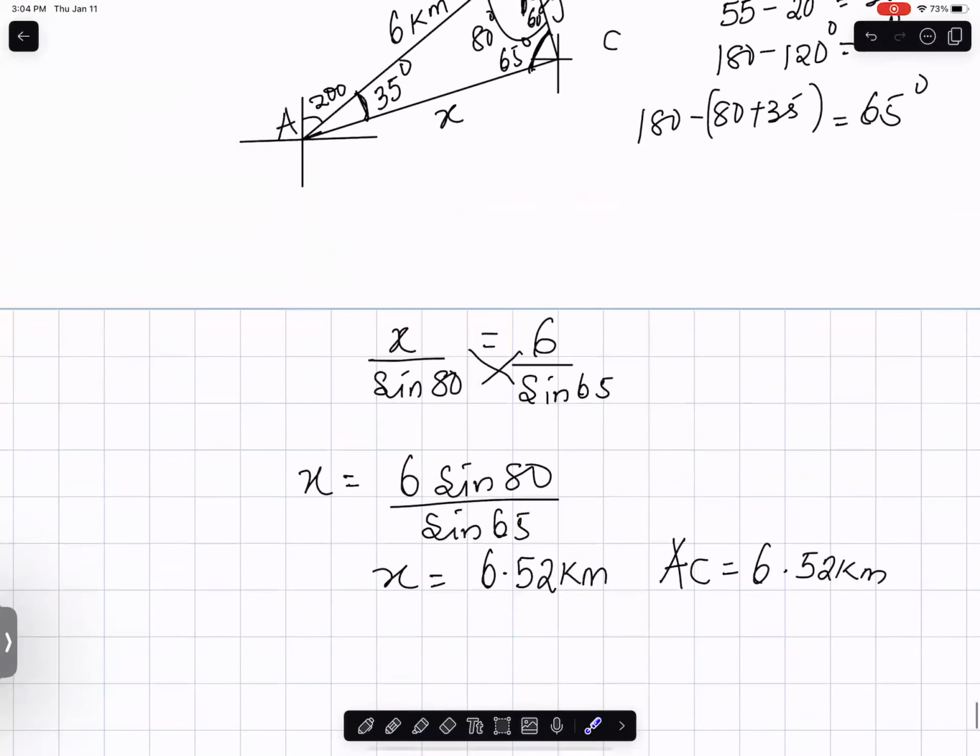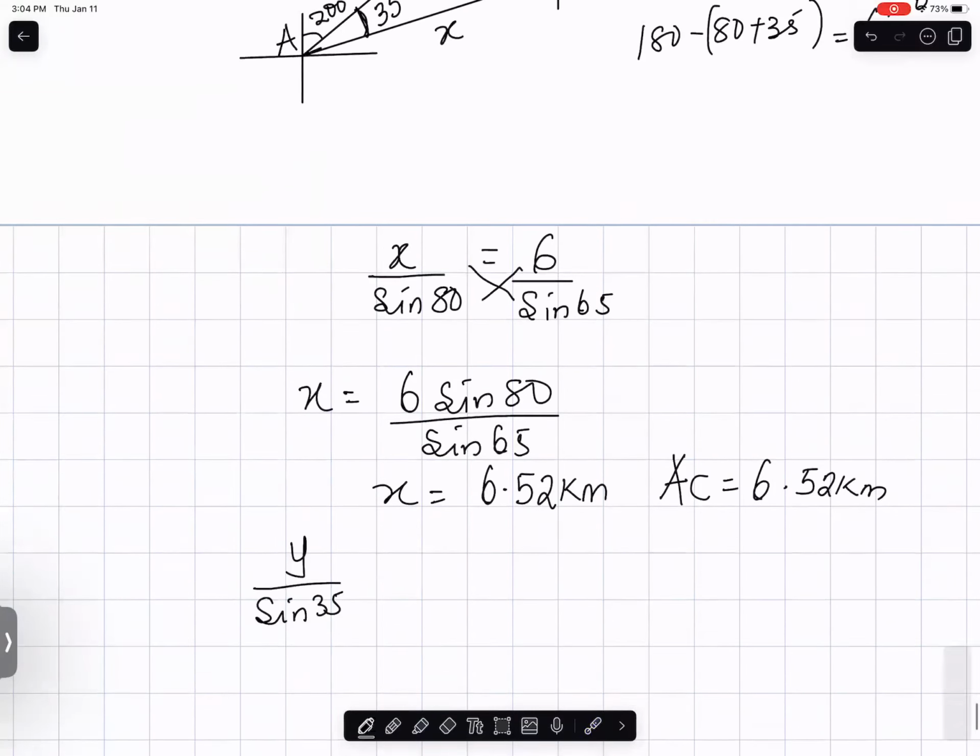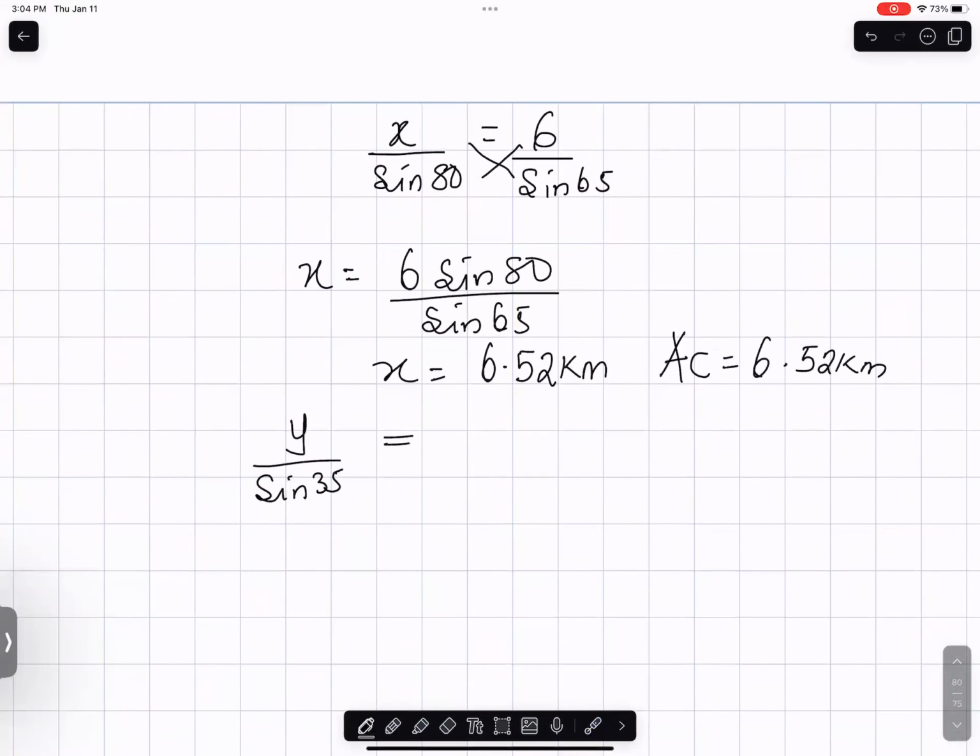So I can say BC, which is Y, divided by sine 35 equals, you can take any of the points, 6 divided by sine 65, or you can also use 6.52 divided by sine 80.